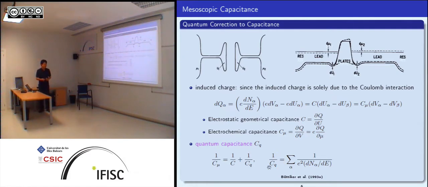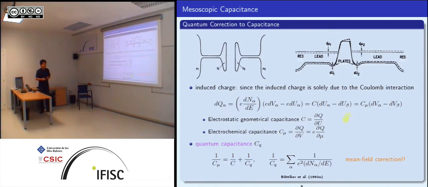Then we have a very large contribution from the quantum capacitance. One thing you should remember in my talk is that this quantum capacitance is proportional to the density of states. If there is room for electrons, it can increase the capacitance because the system can accept electrons, so we have a larger capacitance.